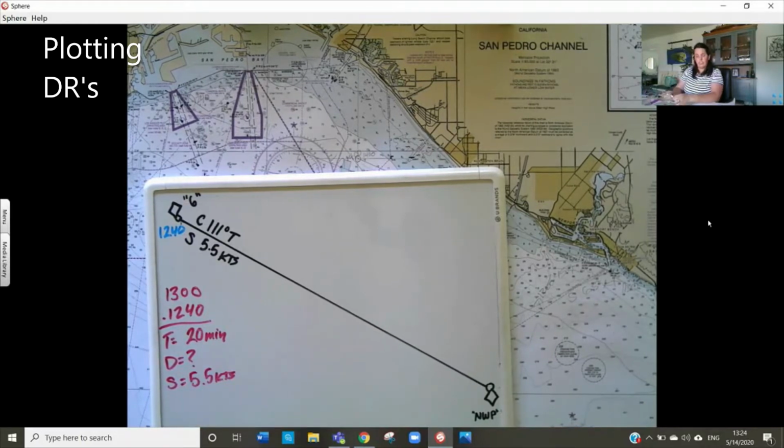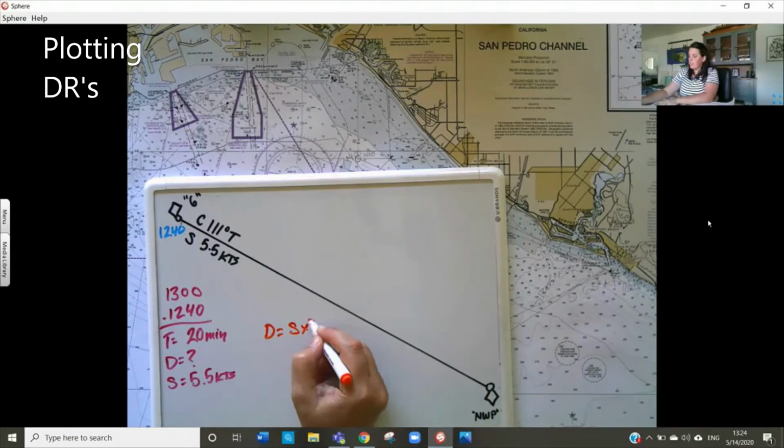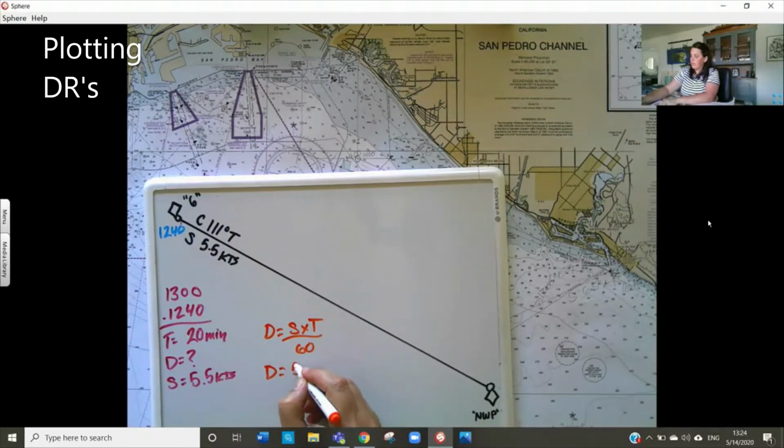So we'll plug that into our 60 D Street calculation. And we're looking for distance, so we have D equals speed times time over 60. We have the distance to equal 5.5 times 20 divided by 60.